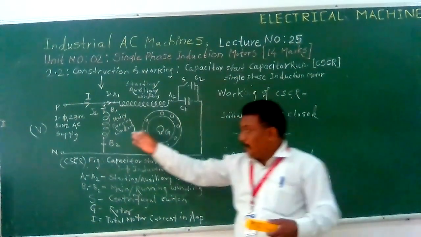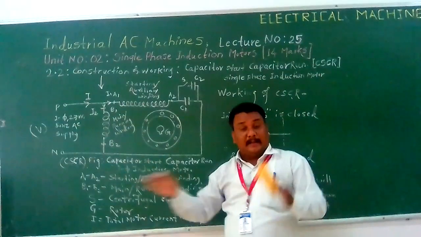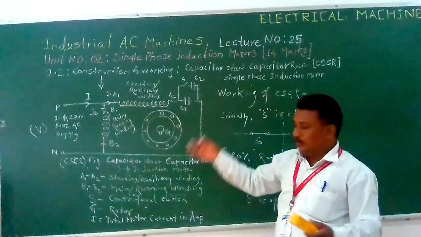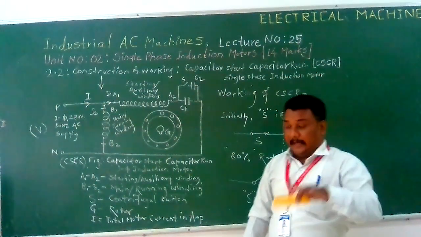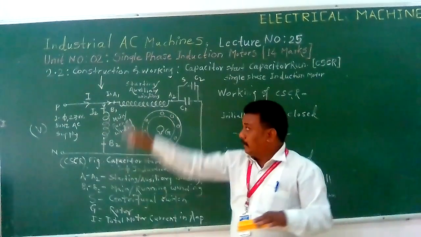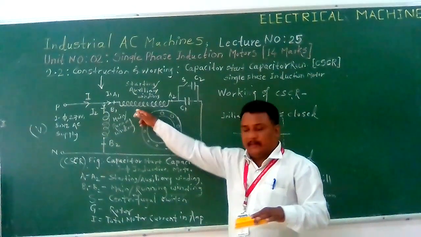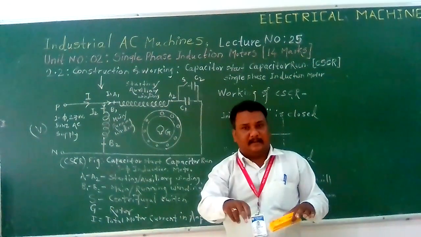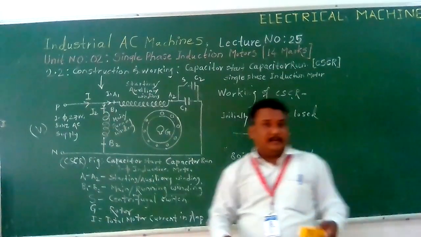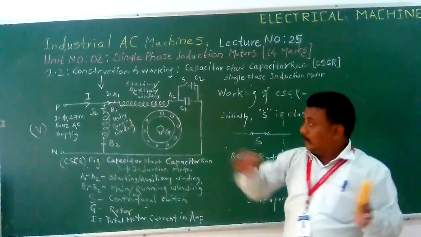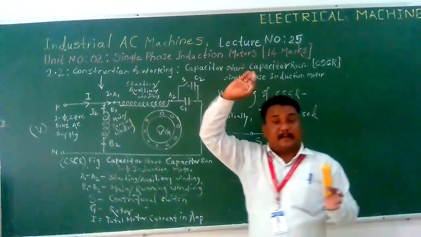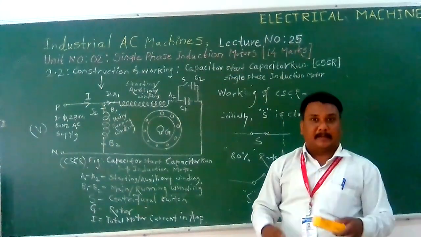means the magnetic field produced by the main winding or running winding is capable of driving the rotor. But in this type of motor, the starting winding is also present in the circuit. In the previous type, this winding was automatically cut from the circuit after 80%.